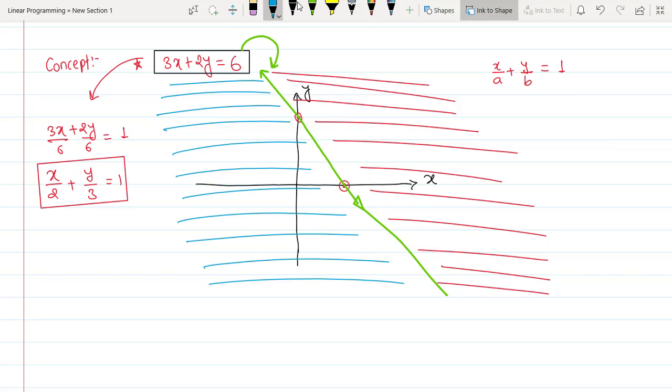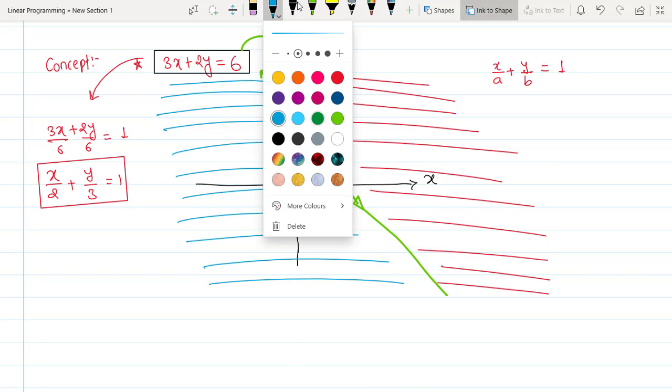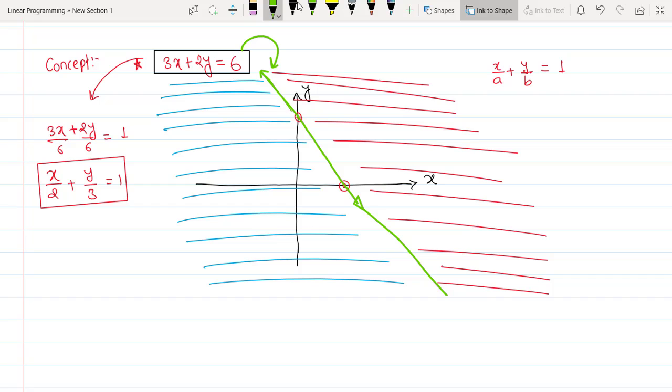And the third part is the line itself. So this is the first part, P1, this is part 2, and this is part 3. The given equation divides the Cartesian plane into 3 parts.